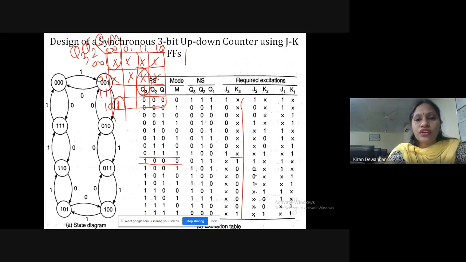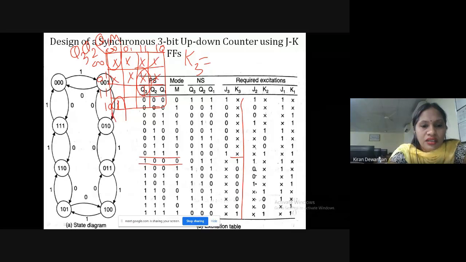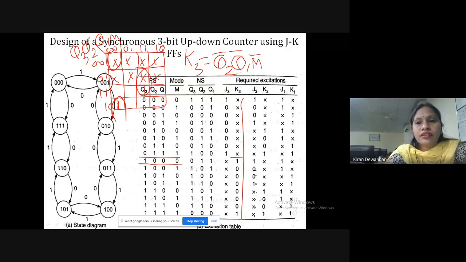So we'll write for K3. What is common here in this pair? In this pair we are having Q2 bar, Q1 bar, M bar. Plus in this pair it is Q2, Q1, M. Okay?